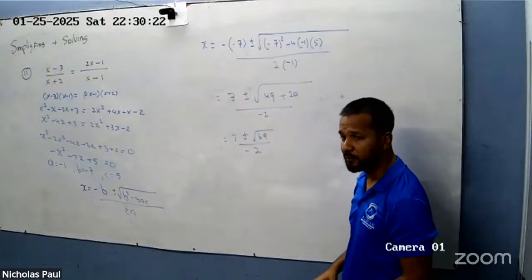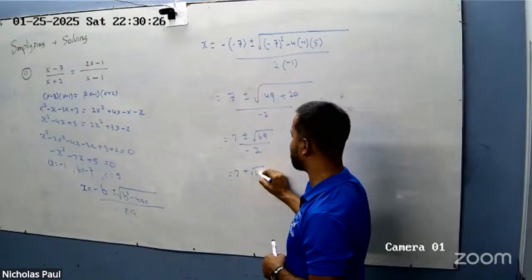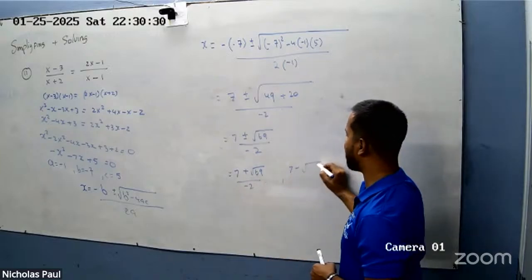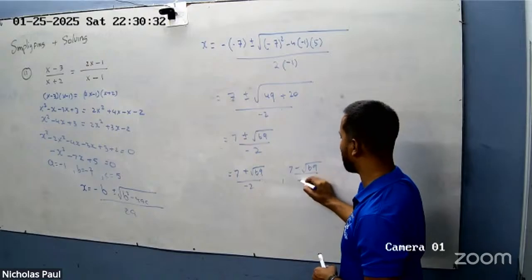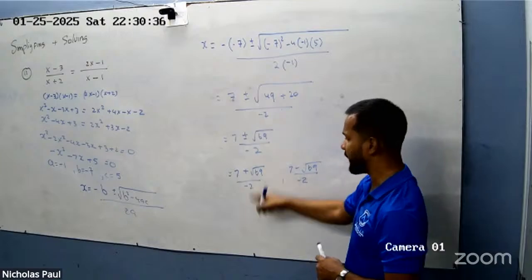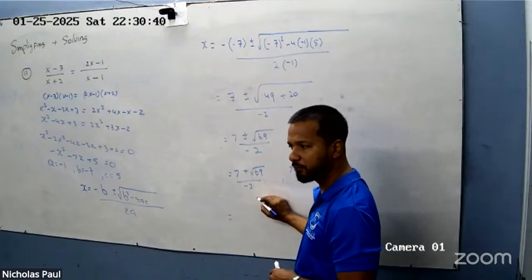All right, and you'll get two answers. You'll get 7 plus the square root of 69 over minus 2. And you'll get 7 minus the square root of 69 all over minus 2. No, you can just write two answers after. How much you got here?